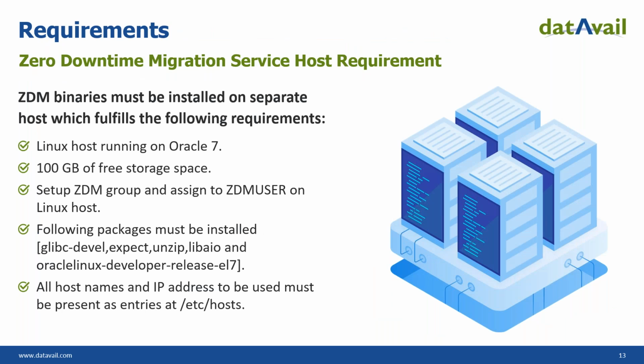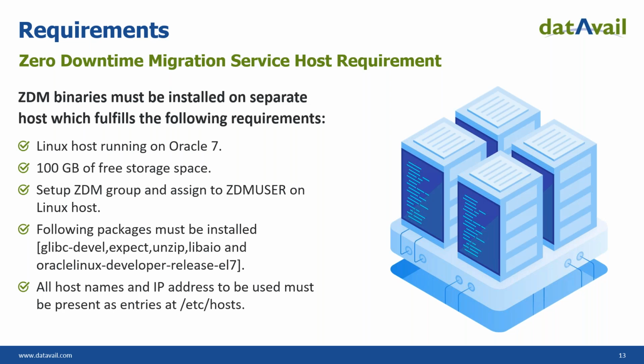As we know, JDM requires a separate machine. We do not need to host, or we can't host, source or target databases. So it requires a kind of thin server where the Linux host should be running Oracle Linux 7 and above. The minimum free space is 100 gigs.